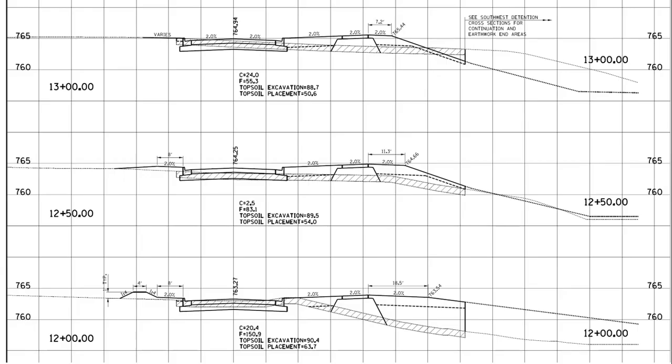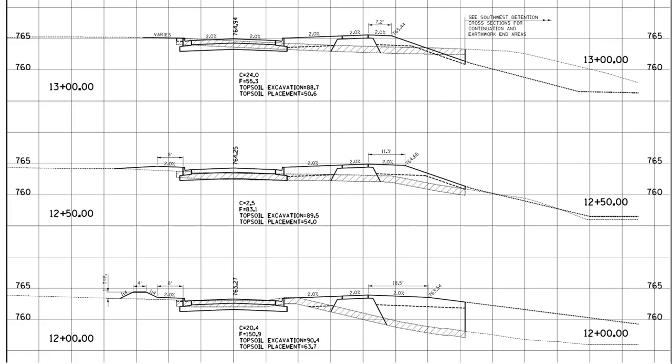This is a cross-section view. So this is a series of cross sections, and you can see again this is at station 12 on that proposed entrance. This is the center line of the roadway, and as you're looking up station, you can see we're standing here, looking up at station 12 plus 50, station 12 or 13 plus 00.